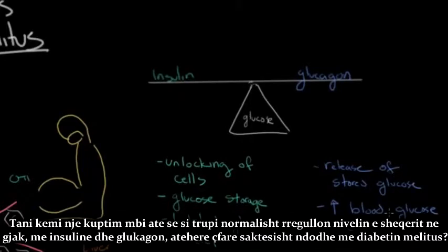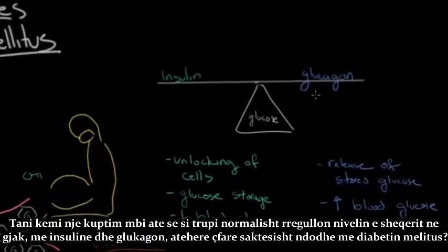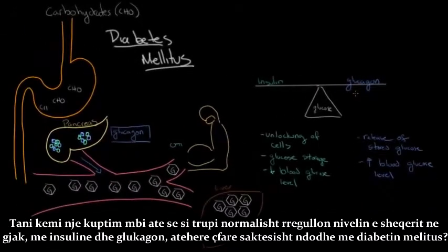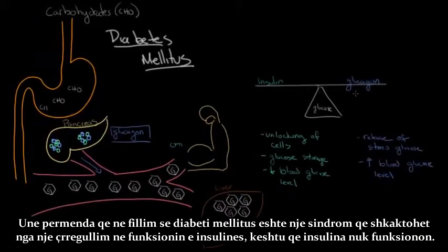Alright, so now that we have an understanding of how the body normally regulates blood glucose levels with insulin and glucagon, what exactly is going on in diabetes mellitus? Well, I mentioned at the beginning that diabetes mellitus is a syndrome that's caused by improper functioning of insulin.